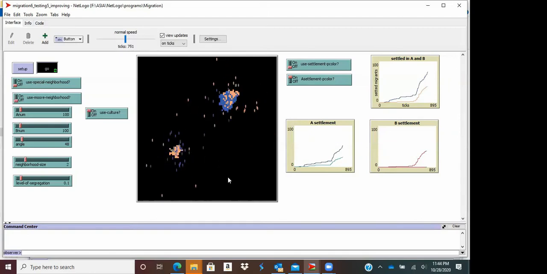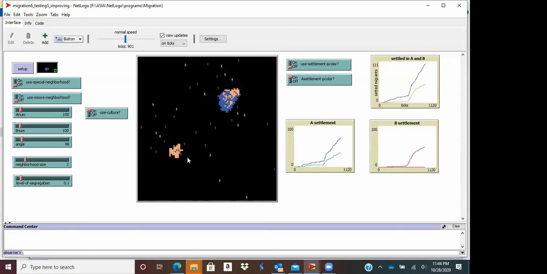So after the whole process is finished, you can look at the residential pattern. Generally, the same kind of group settled together and separate from other groups. In this smaller community, the blue is totally surrounded by the pink, and therefore only pink migrants can settle in that smaller community. But in the larger community, blue migrants tend to settle in neighborhoods with existing blue residents.